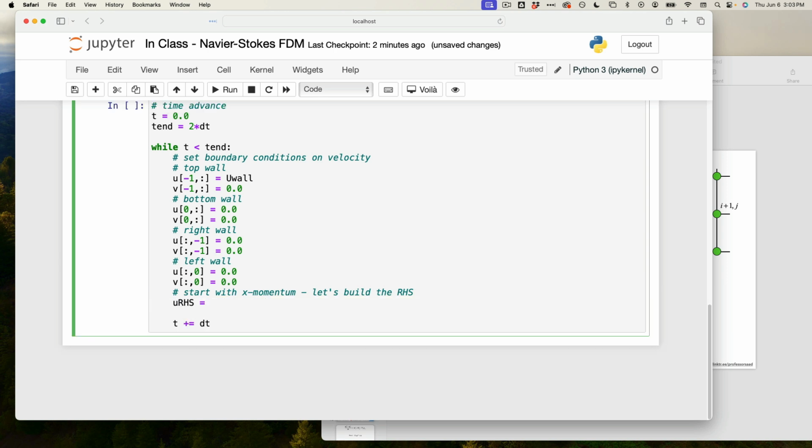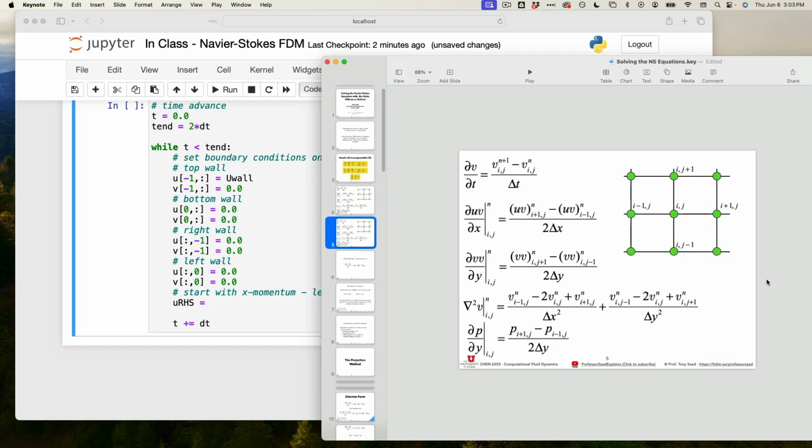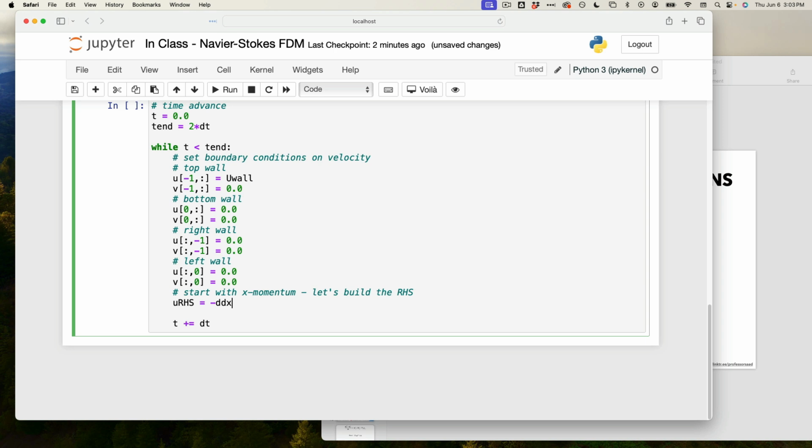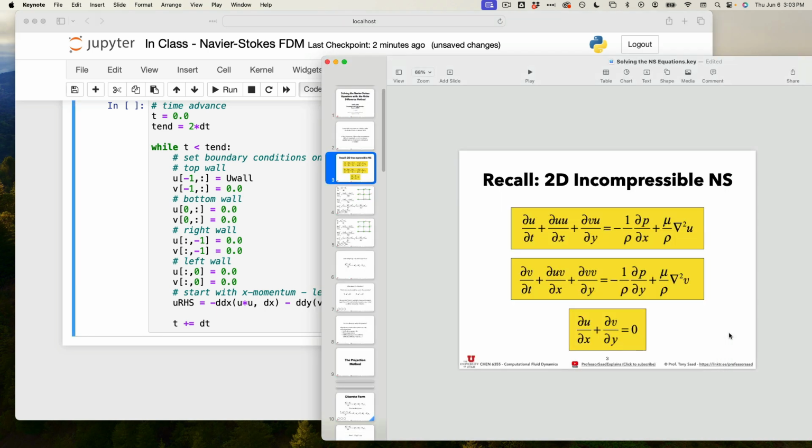So my u right-hand side, if you look at the equations, is going to be minus d dx of u times u, minus d dy of v times u, because that's my advection term. That's the right-hand side of du by dt: minus duu by dx minus dvu by dy.